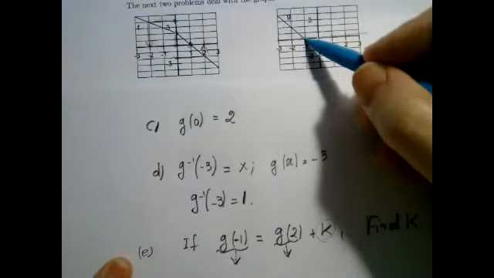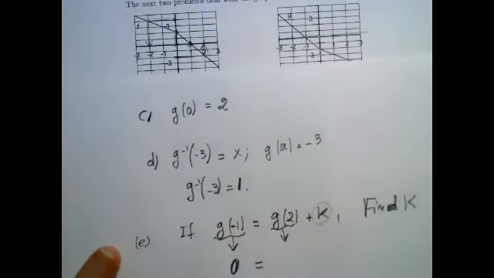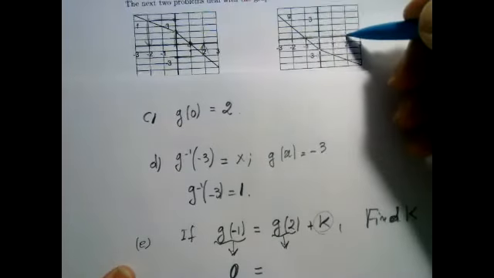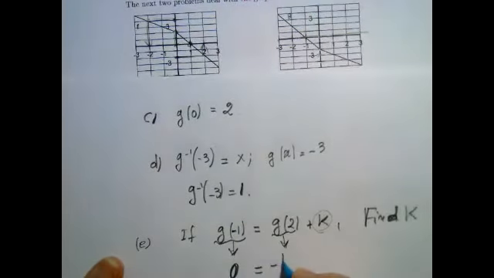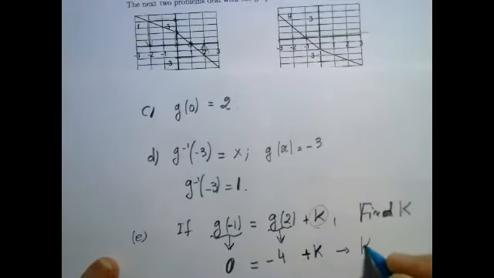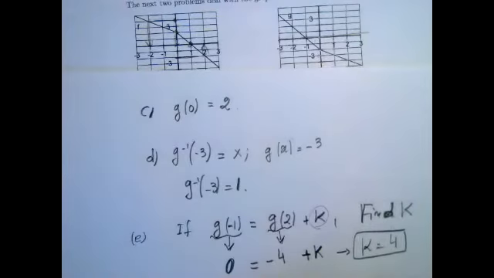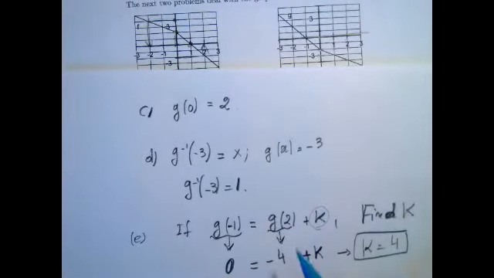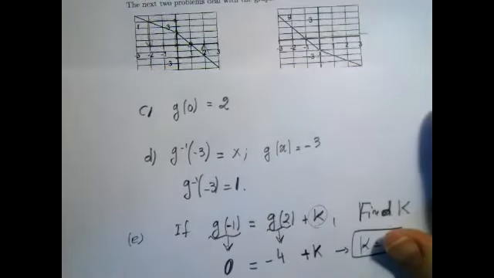The G of -1 is 0. Now, what's G of 2? If this is 2, G of 2 is right here. It's -4 plus K. Okay, so it's going to give me that K is equal to 4. So if they tell me to solve for an unknown K, they have to give me everything else. Otherwise, how can I solve for it?